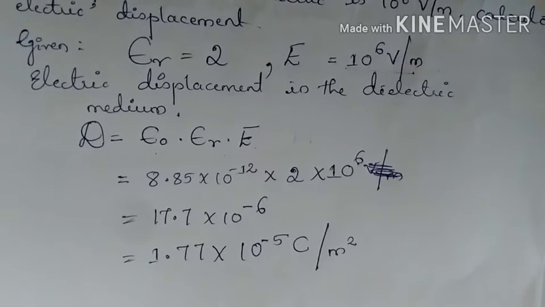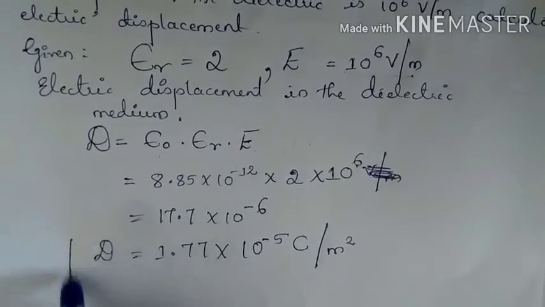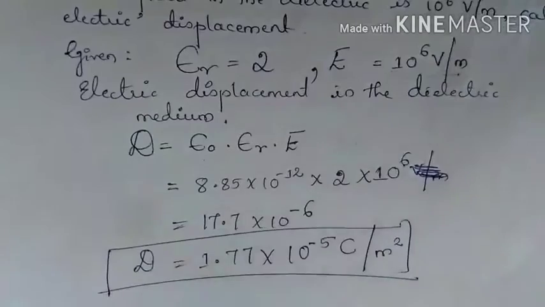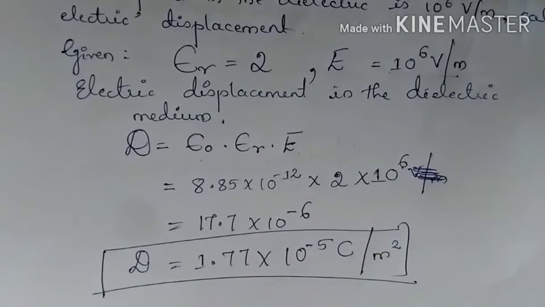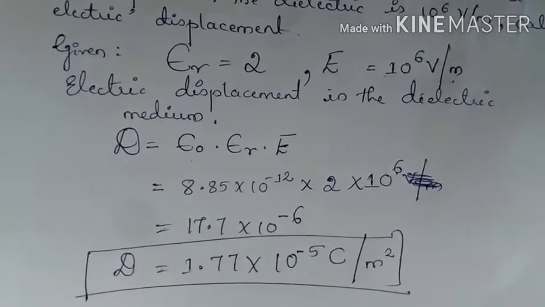Epsilon naught is equals to 8.85 into 10 power minus 12, and epsilon R is 2, which is multiplied by 10 power 6. If you multiply, then you get D is equals to 1.77 into 10 power minus 5 coulomb per meter square. So this is the solution for the second question.